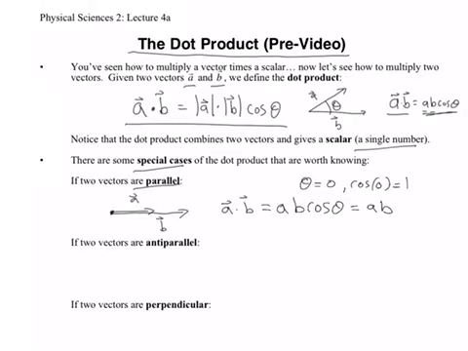So when two vectors are parallel, the dot product is just the scalar multiplication of their magnitudes.